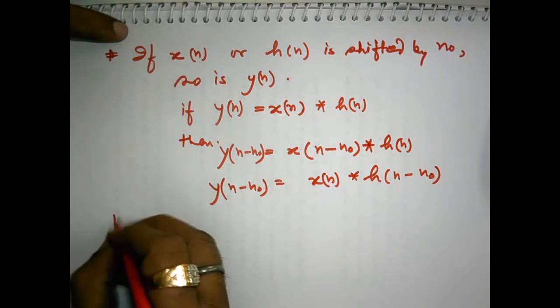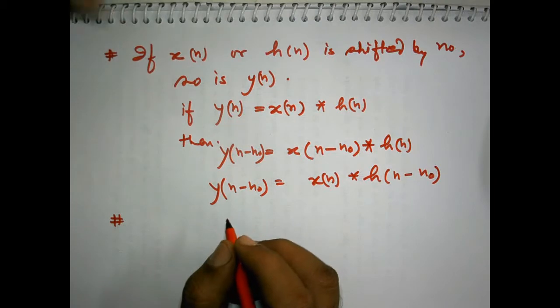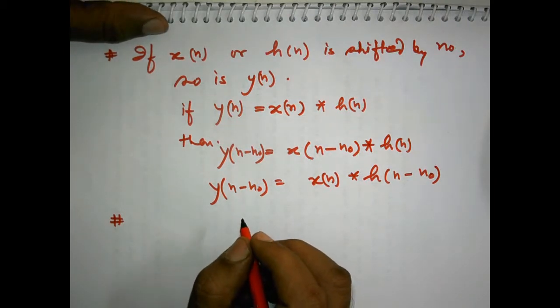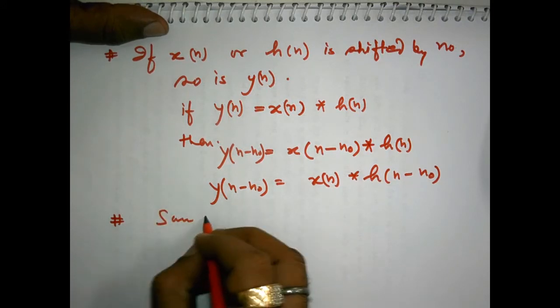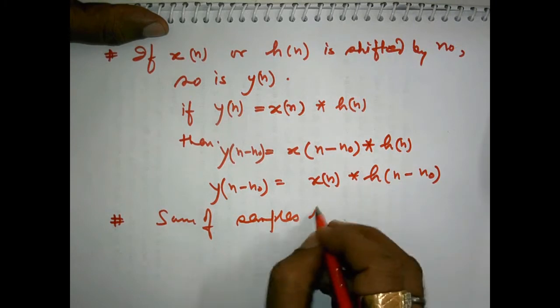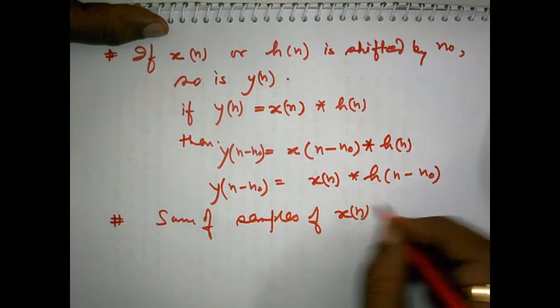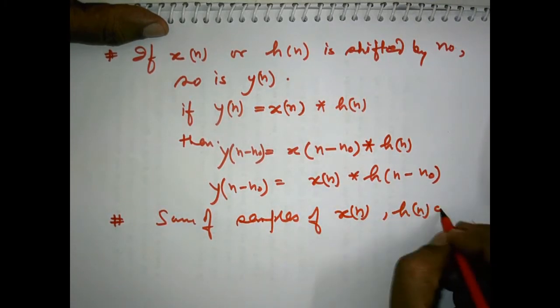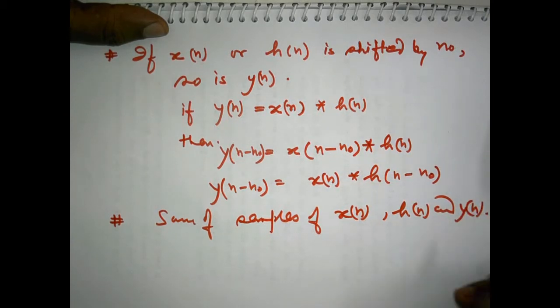Now the second property says that the sums of samples of x[n], h[n] and y[n] are related.